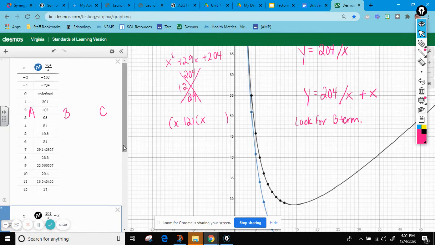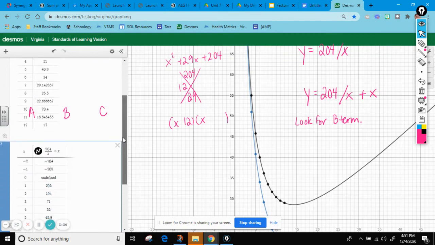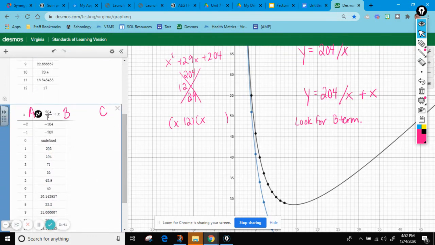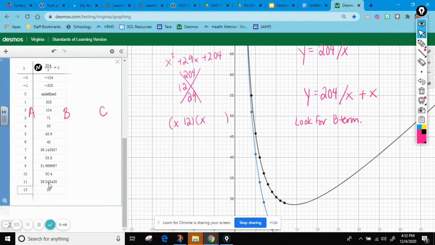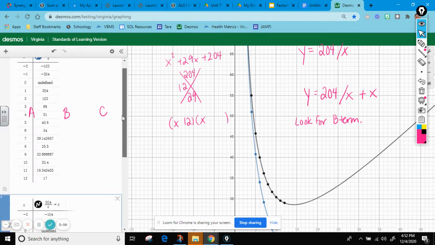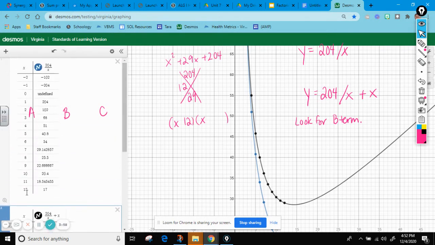Okay, so just go through that again. You typed in the second table, the table where you have the 204 divided by x plus x, then you looked in the right-hand column until you saw the b term. You found it, 29. So you write down 12, that's one of your numbers. Then go back to the other table where 12 is an x value and see what is the y value.